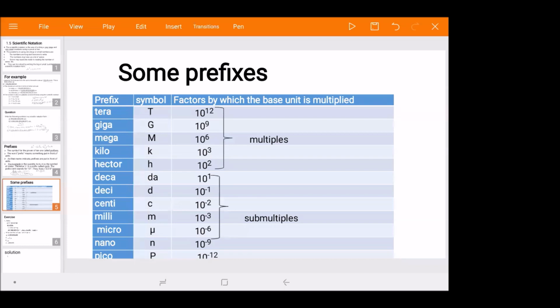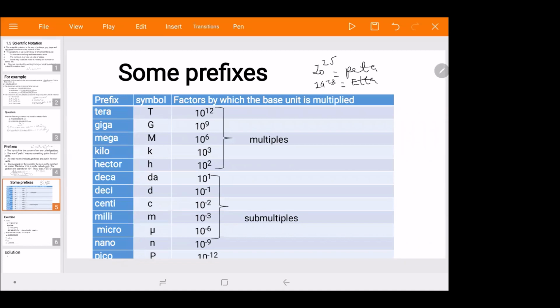So, Tera, and not only this one. For example, 10 to the power of 15 is peta. 10 to the power of 18 is exa.